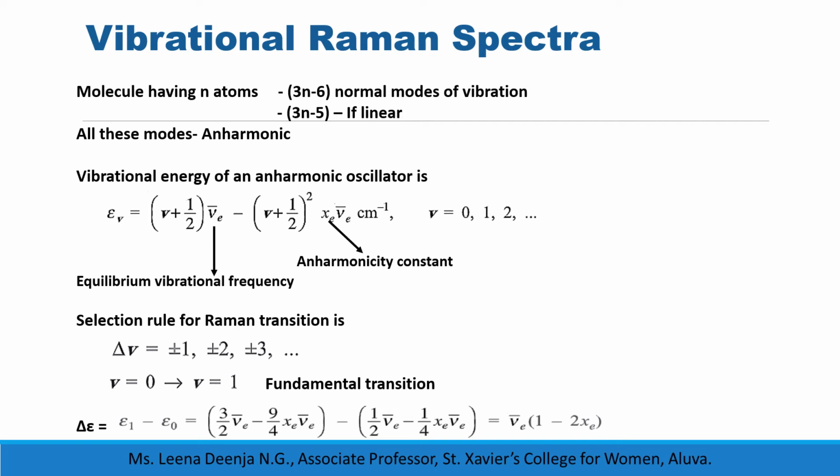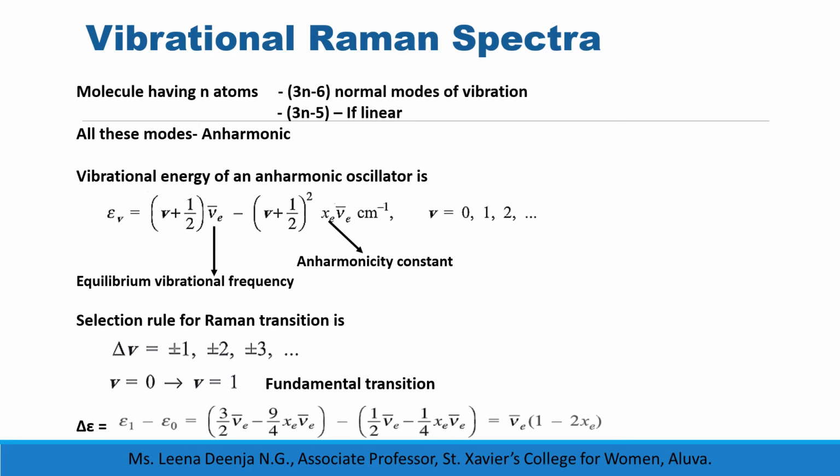The vibrational energy of an anharmonic oscillator is given by epsilon V equal to (V plus half) into nu bar E minus (V plus half) whole square into Xe into nu bar E, in centimeter raised to minus 1, where V is known as the vibrational quantum number.